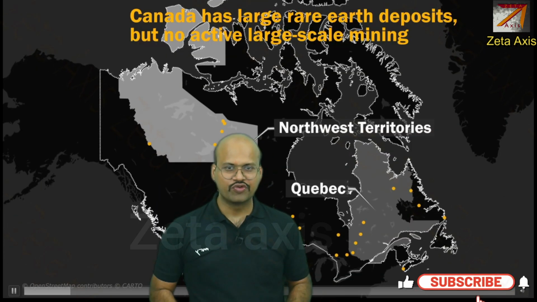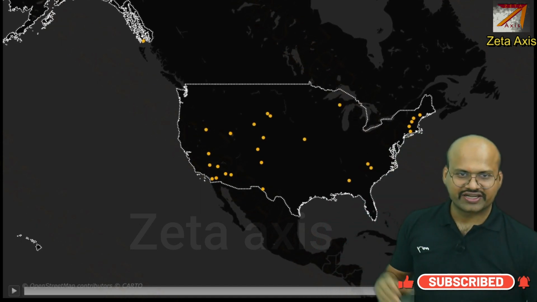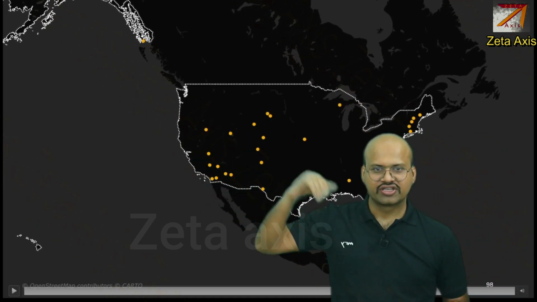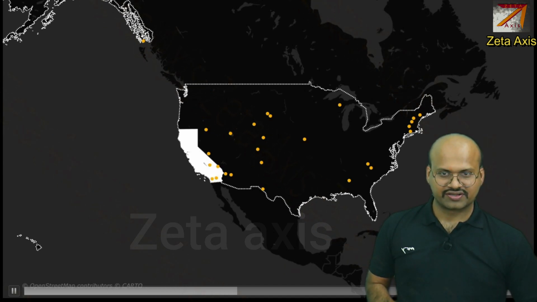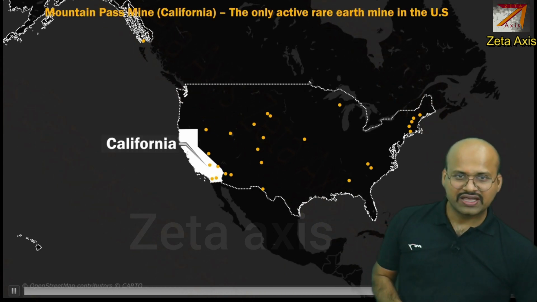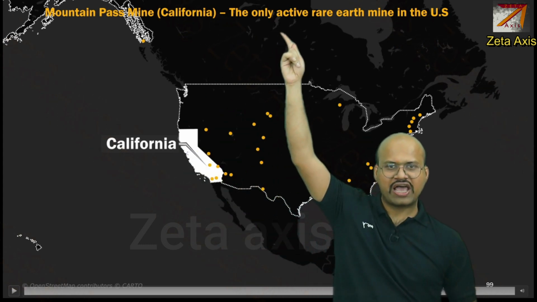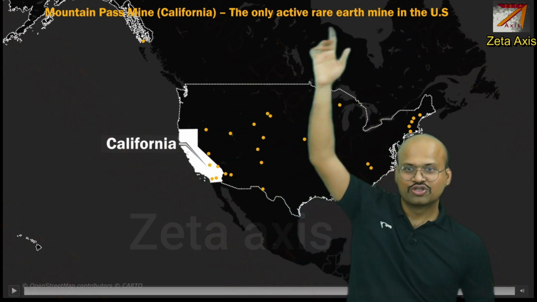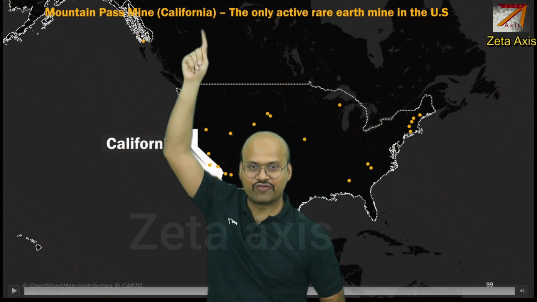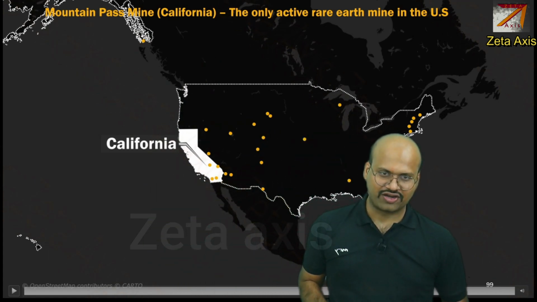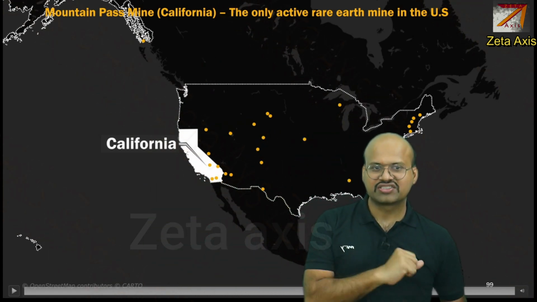And similarly, if we move to United States of America, again we can see that deposits are spread across the United States of America. But if we see the production, then the production is mainly in California. Here there is only one active rare earth mine in the US. This is the Mountain Pass mine in California, which is the only active mine of rare earth minerals in the United States of America.